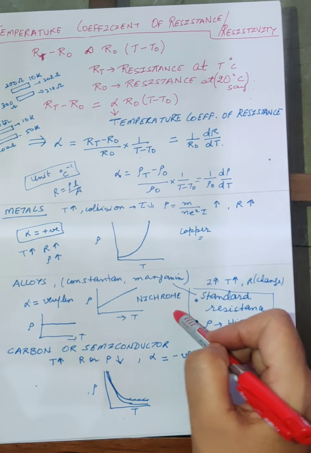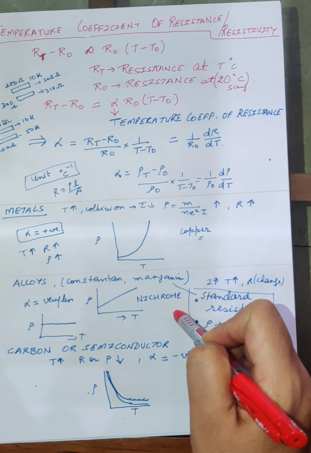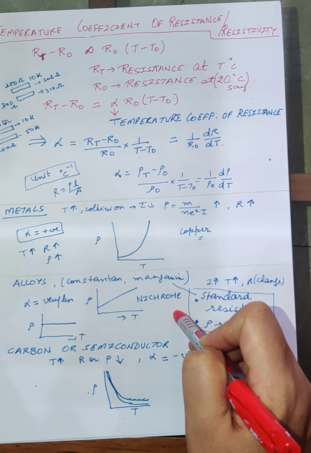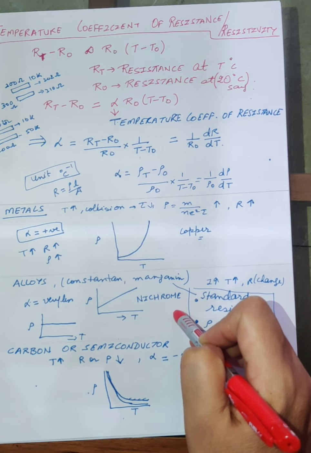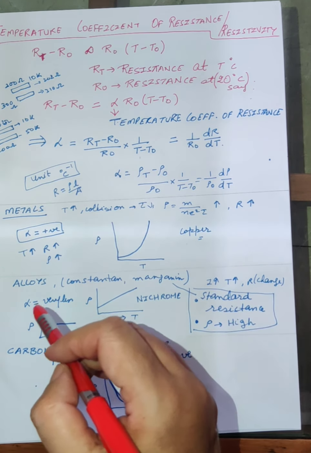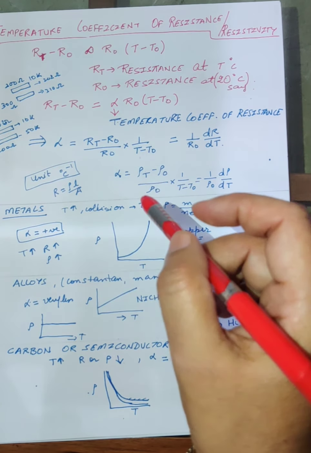Now let's come to alloys. You know that, children, in your meter bridge and in your potentiometer, the wire which we are using is an alloy. Now we will find out why we are using the alloy. The first answer is that alpha, the temperature coefficient of resistance, does not change.